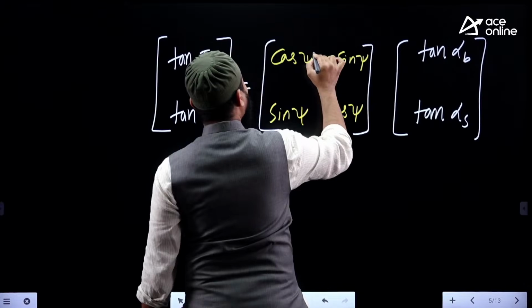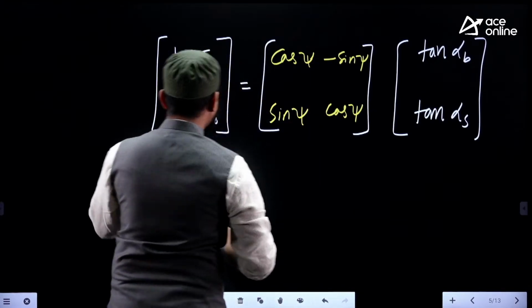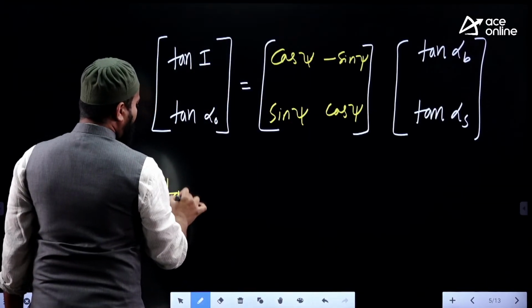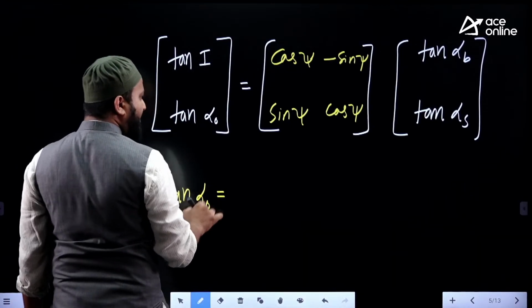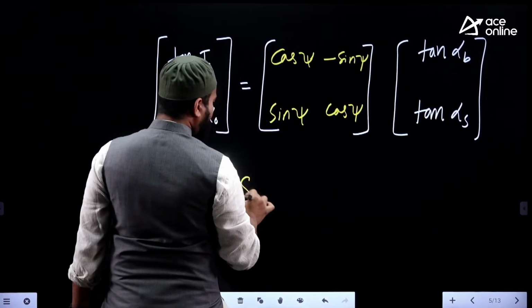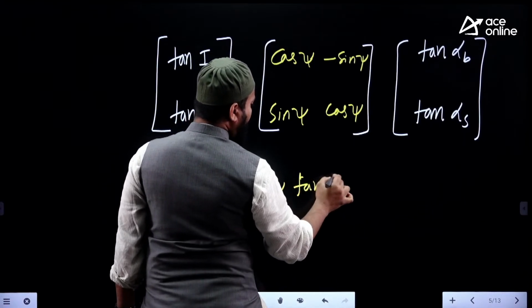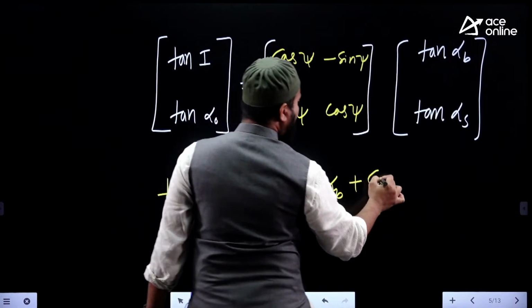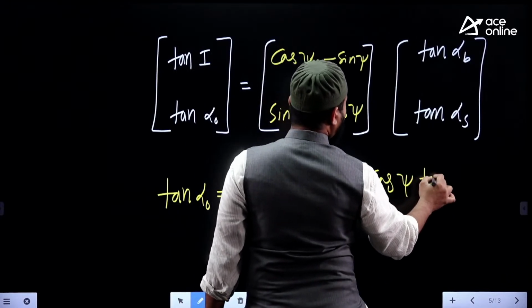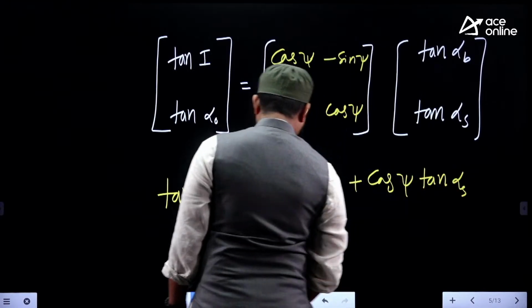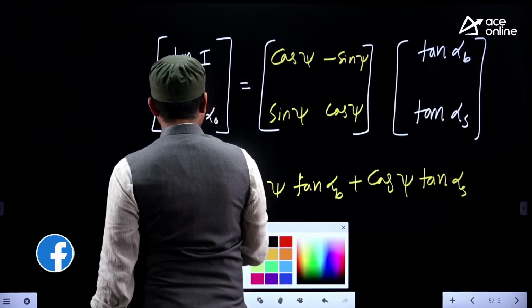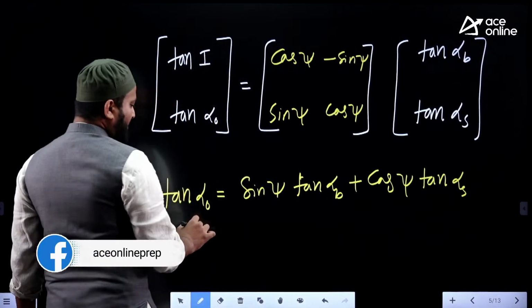I used to prove these equations in my classes. If you notice the second equation, tan alpha naught, the orthogonal rake we are going to get, is nothing but sin psi tan alpha b plus cos psi tan alpha s. So this conversion equation we must use to get the orthogonal rake.